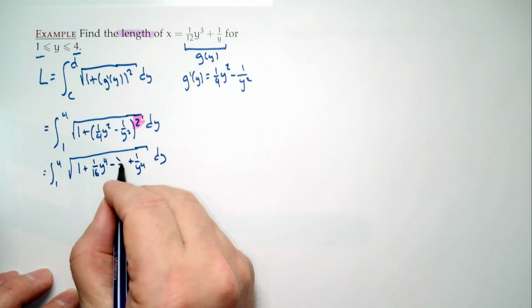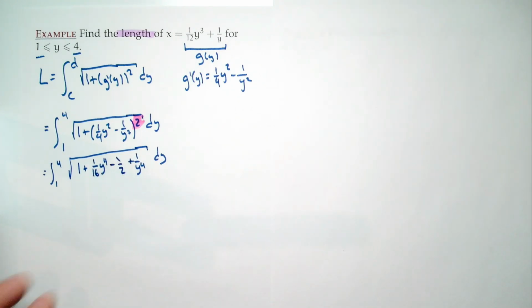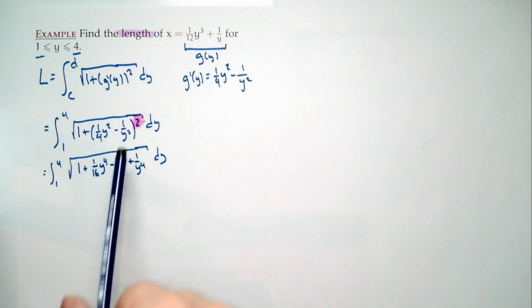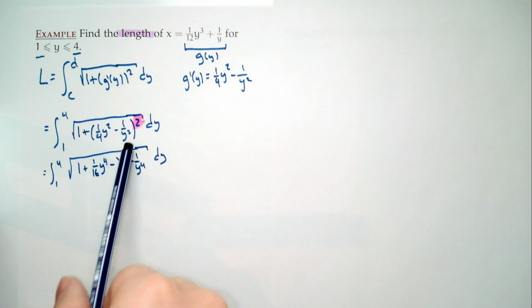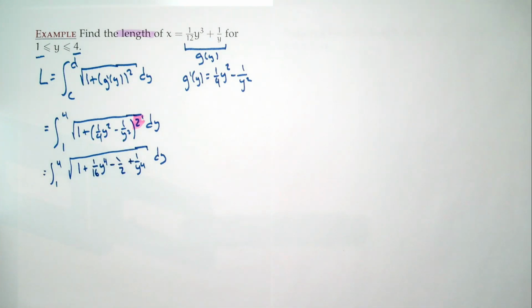Minus a half. Right? Because if you were to expand a plus b quantity squared, it's a squared plus 2ab plus b squared. So the 2ab, that's the middle term. That's what you get when you multiply these terms together and double. And very conveniently, almost as if it was planned, the y squareds are canceling. Wow, what are the odds? Probably pretty good.